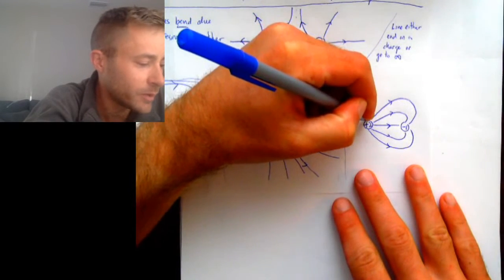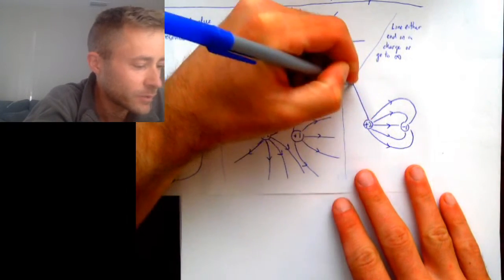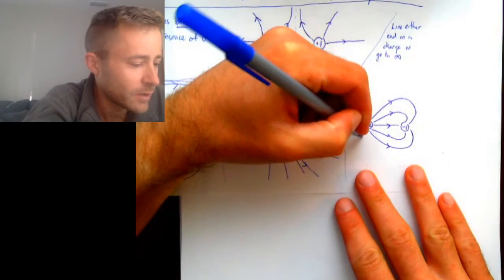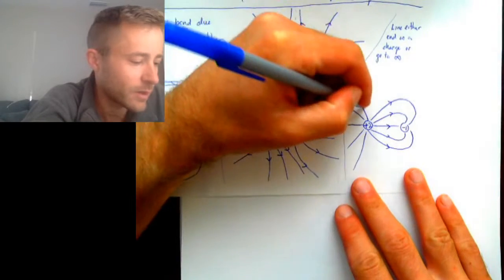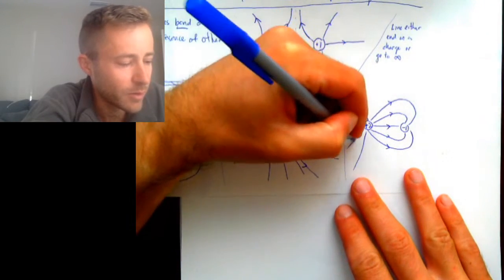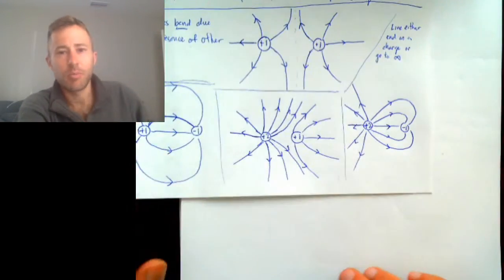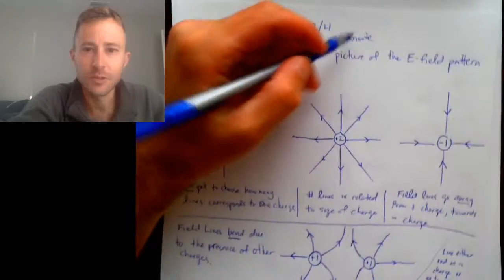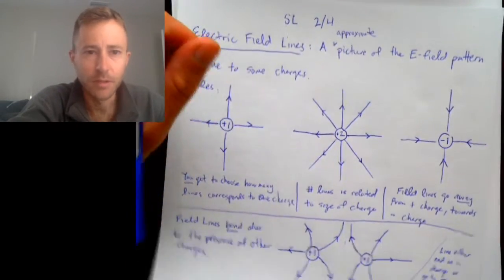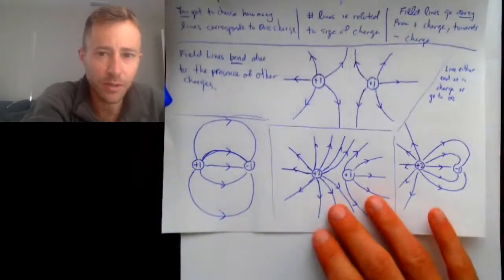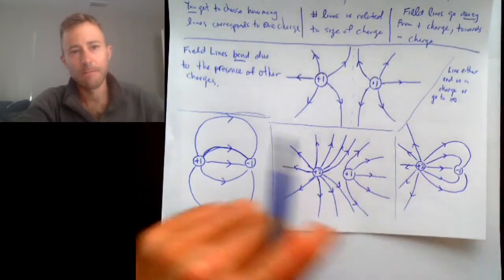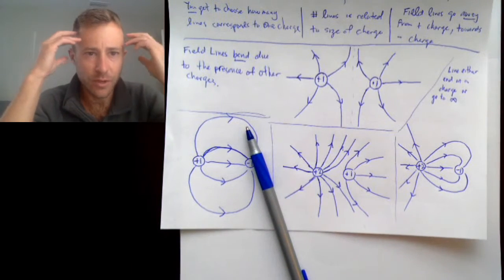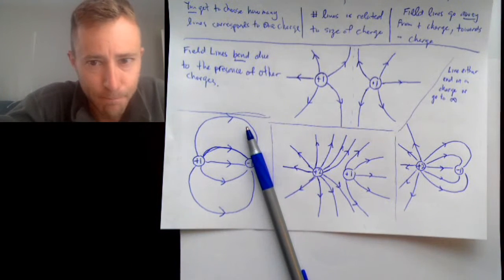So maybe like this, like this, like this, like this. I don't know, something like that. Remember, it's approximate. If you don't draw it perfectly like the computer draws it, that's okay, because it's a useful thing to visualize in your head what's going on.